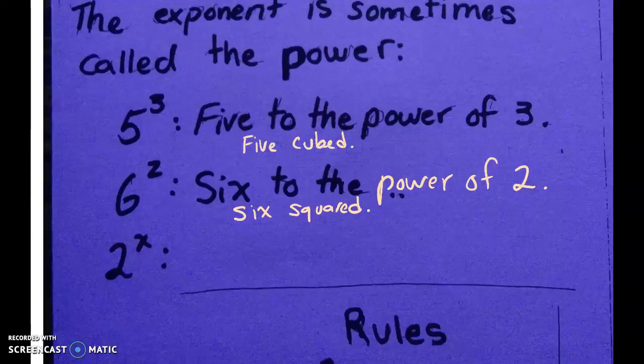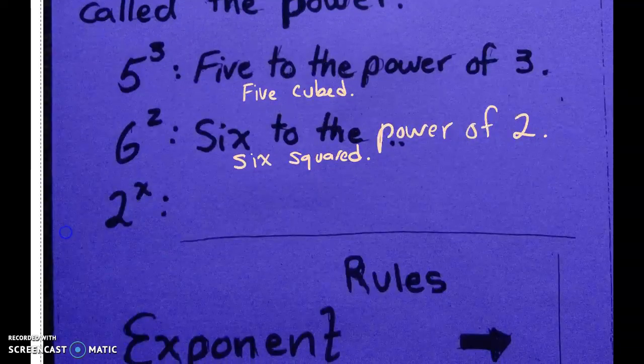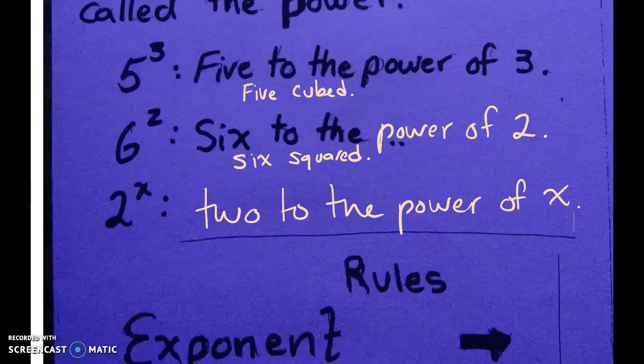So we have some special words for the 3rd power and the 2nd power. When it comes to this, see if you can write that on your own. We have a base of 2. We have an exponent of 3. How could you write this in a sentence? So you could say 2 to the power of 3. That would be one way to do it, right?